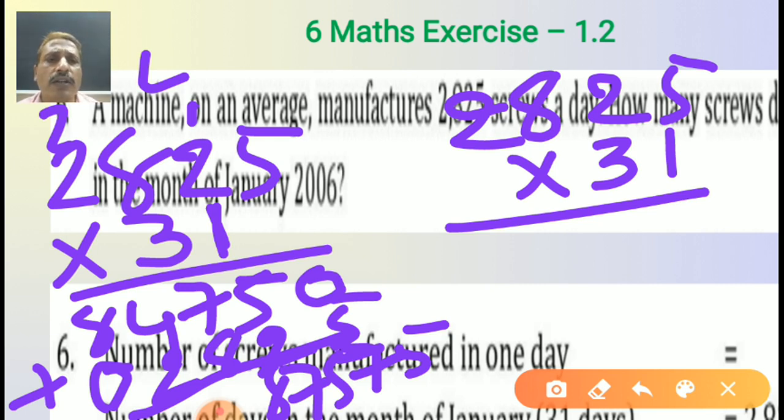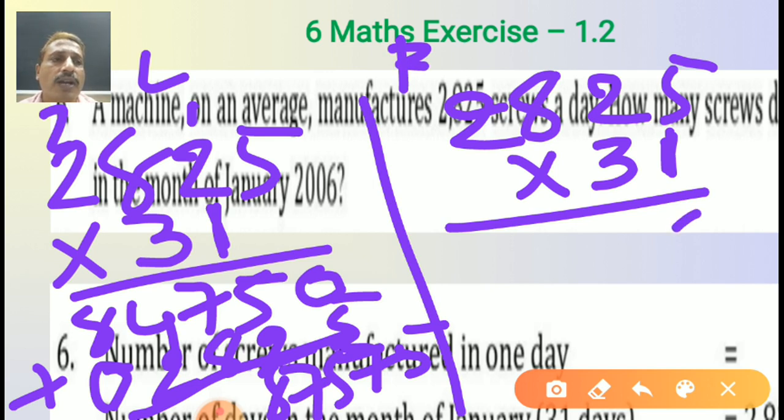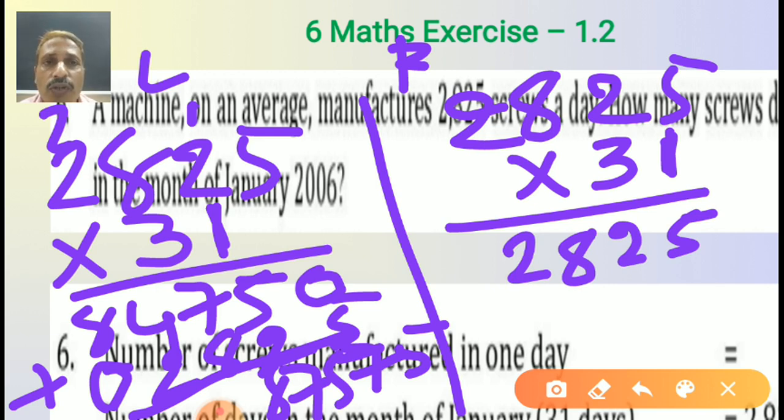Okay, now let's do the ones place. Now this ones place means 1. 1 has to multiply. Now second method, right side method. Right side number is 1. 5 ones are 5. 2 ones are 2. 8 ones are 8. 2 ones are 2. Very good. Now 1's work is over. 10's work. 10 is at 3. And 10 plus how many 0? 1 0.